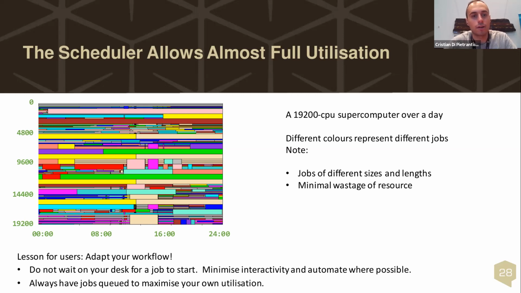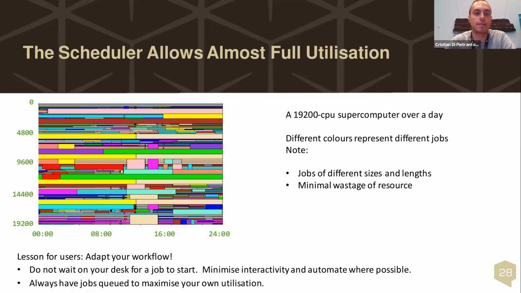Each colored rectangle is a job which spans a certain interval in time and a certain range of CPUs allocated to it. And we can see that the scheduler tries to fill in every gap in the graph. So we have many jobs running at every point in time.